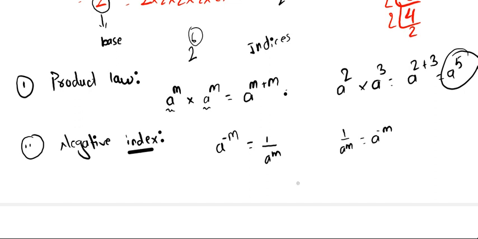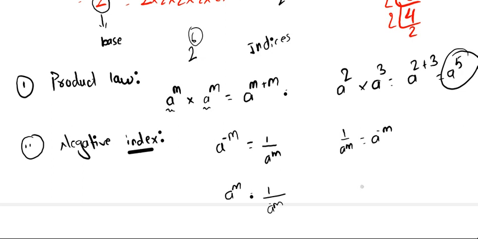Also, the second thing is, if you have a power m and you want to change it into the reciprocal, if you want to change this m into a negative index, then you can simply do it by changing it into a denominator. By changing this number into its reciprocal, we change the index of this algebraic term.